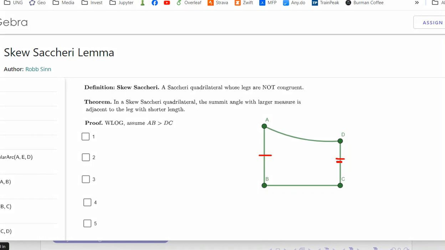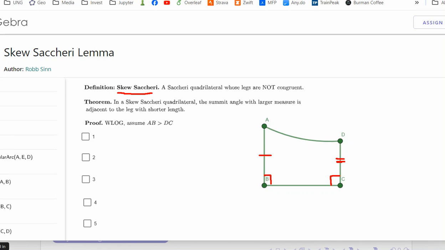The normal definition for a Saccheri quadrilateral is that the base angles are right angles and the legs are congruent, and then we end up being able to prove, therefore, that the summit angles are congruent. But this is going to be a slightly different situation with this Skew Saccheri figure, where the legs are not, in fact, congruent.